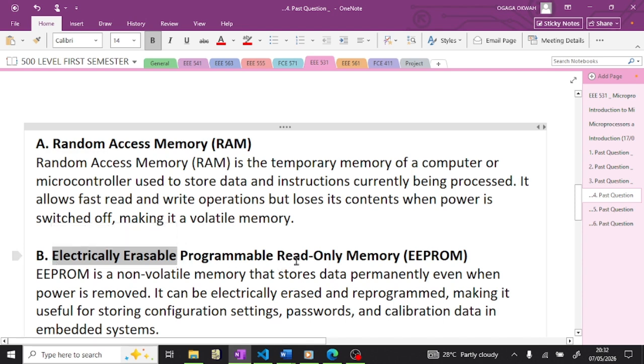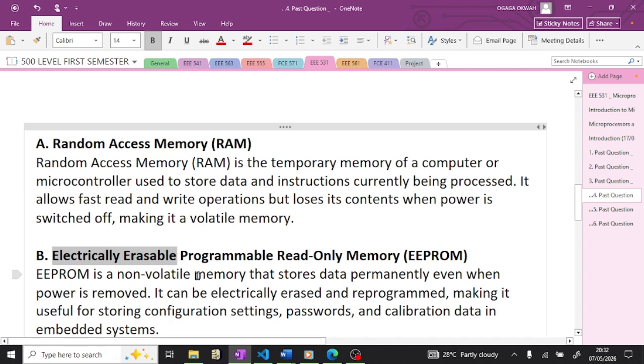You can only read from it. Note, when we say read, we mean get data from that memory. When we say write, we mean put data into that memory or location. So read, you are getting from. Write, you are putting in.